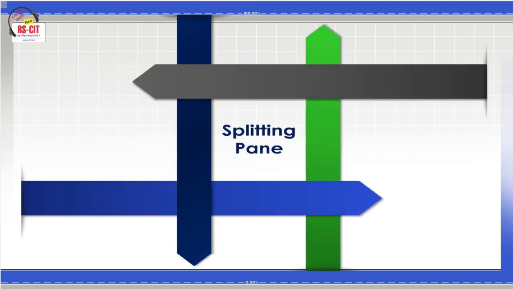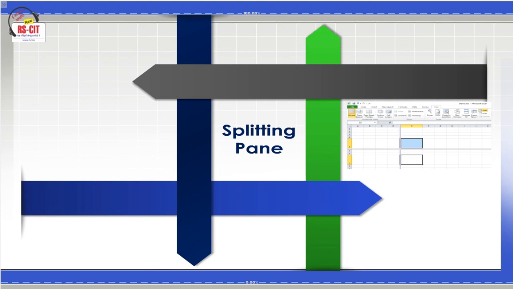Splitting panes. When you split panes, Excel creates either 2 or 4 separate worksheet areas that you can scroll within, while rows or columns in the non-scrolled area remain visible. This worksheet has been split into 4 areas. Notice that each area contains a separate view of the same data.